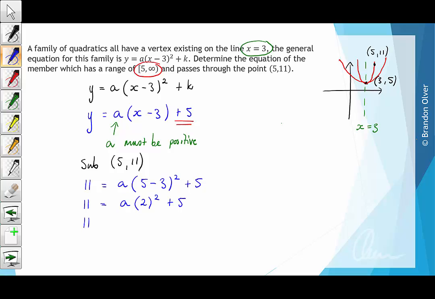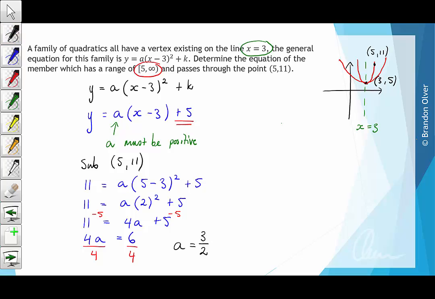So 11 is equal to 4a plus 5. Now if we subtract 5 from both sides, we get 4a is equal to 6. If we divide both sides by 4, we find that a is equal to 6 on 4, which is the same as 3 over 2.